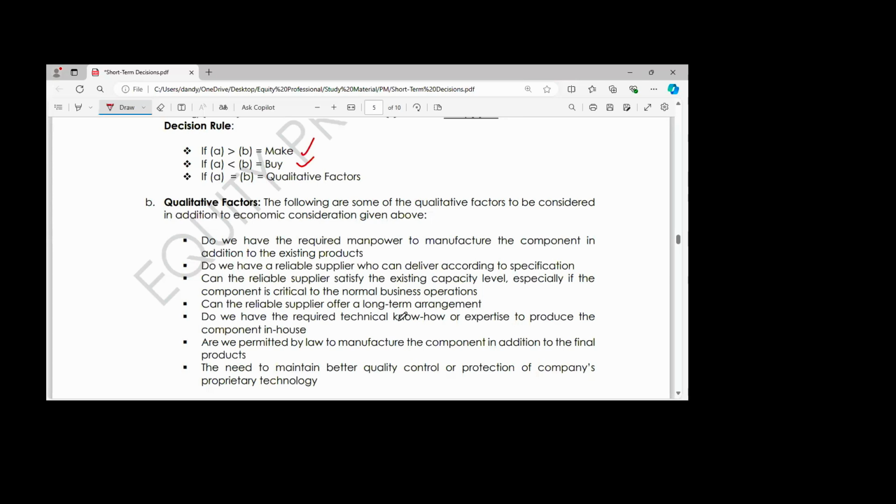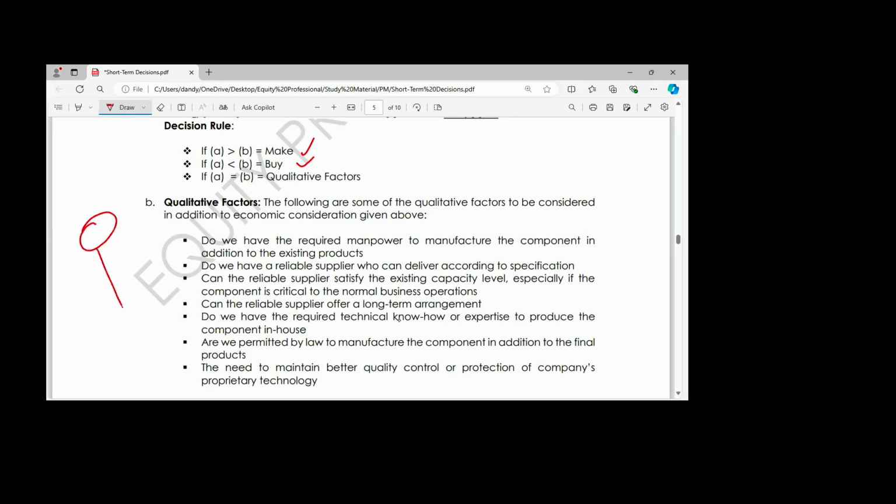Do we have a reliable supplier who can deliver according to specification? The company will need to answer the question: do we have a reliable supplier who can deliver according to specification? When you talk about specification, however you want your product to look, can the supplier deliver it? For example, you have a product that looks like this.